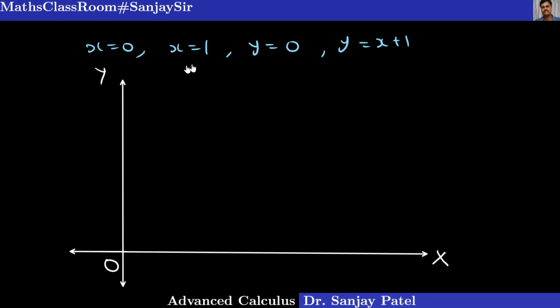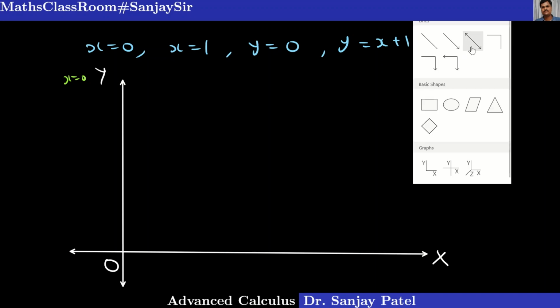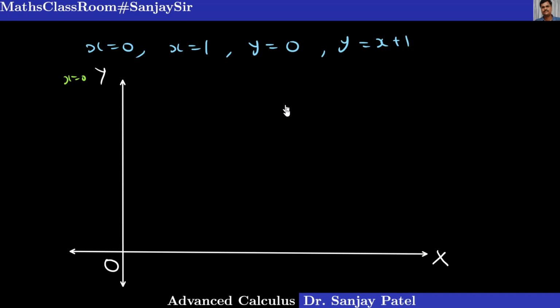X equal to 0 is the equation of the y-axis. X equal to 1 is a vertical line. Suppose this is the line x is equal to 1. I mean this point is 1 comma 0, and this is 0 0.